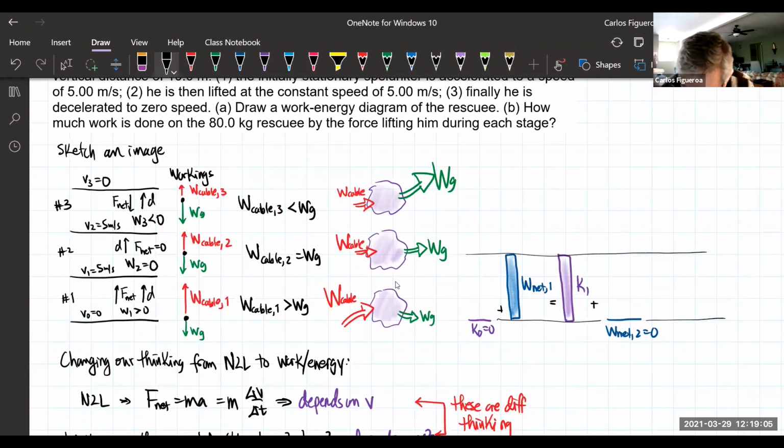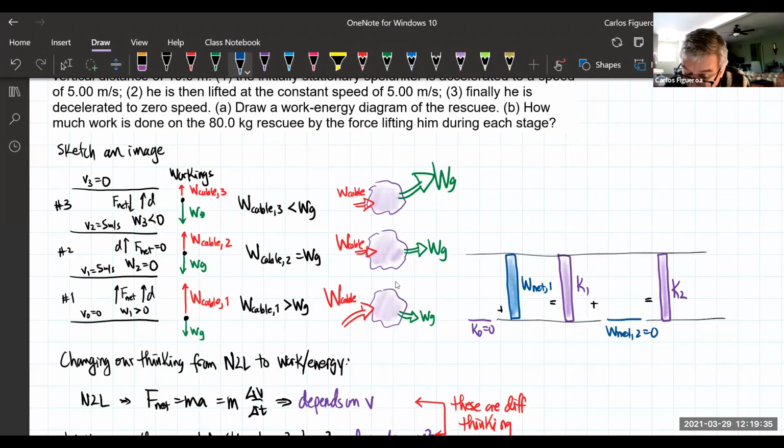So now look at what happened to the kinetic energy afterwards. The kinetic energy at the end of stage 2 is going to be what? Exactly the same. So then what happens next? We need to change the kinetic energy to 0. So that means I have to do negative work.